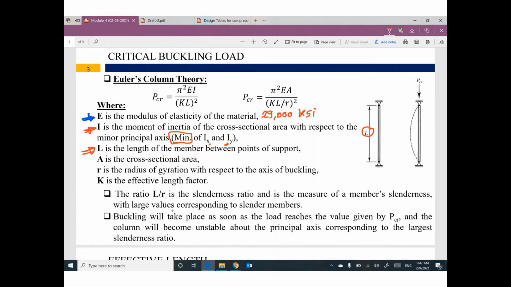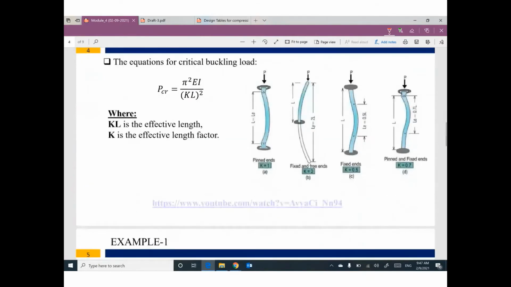Sometimes this member is supported here by a hinge, sometimes by a fixed support, sometimes it's free. So we have something called K, which is the effective length factor. K equals 1 if the member is hinged, or sometimes called pinned.